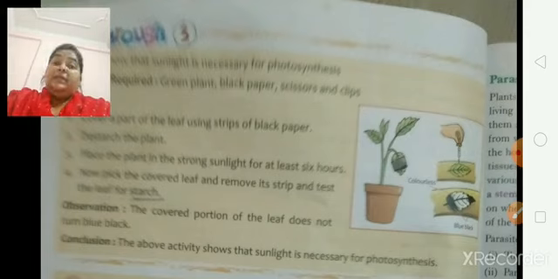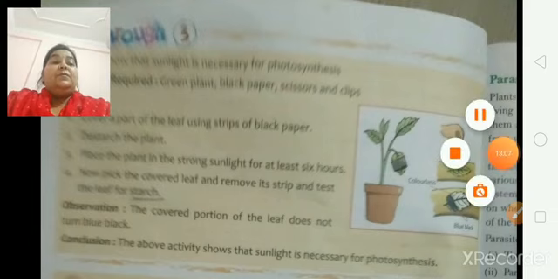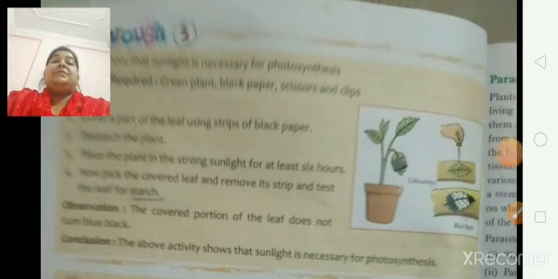That is why we can say that sunlight is also necessary for the process of photosynthesis. Therefore, after completing these 3 activities, we can conclude that carbon dioxide, chlorophyll and sunlight are the most important requirements for the process of photosynthesis.